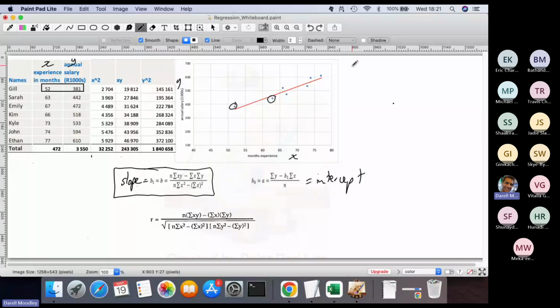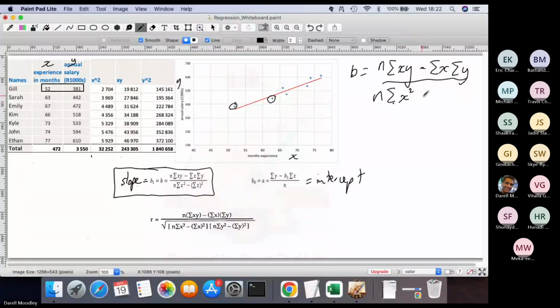The slope is B, and the equation, I'll write a bit bigger for you, is N times sum XY minus sum X times sum Y, all over N times sum X squared minus sum X, whole squared.